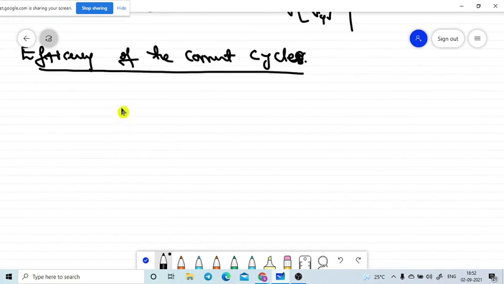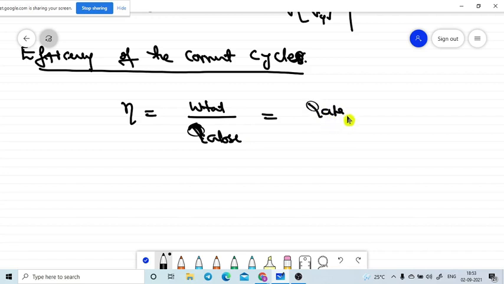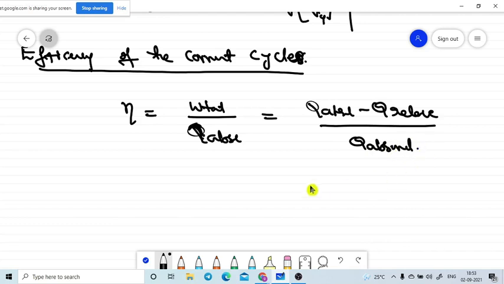For any reversible process, efficiency eta is equal to, we have two formulas: the total work done divided by Q, the amount of energy absorbed. This is one formula. Another formula we have: Q of absorbed energy minus Q of released energy, divided by Q of absorbed energy.